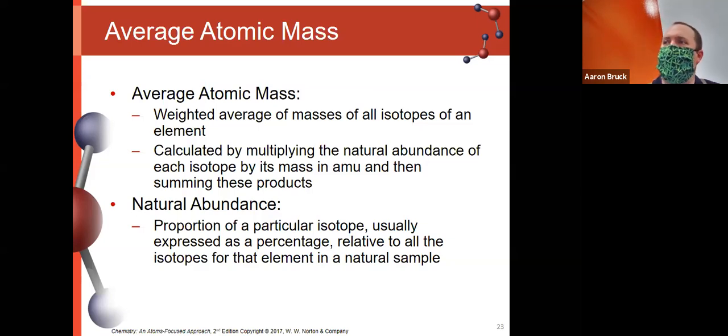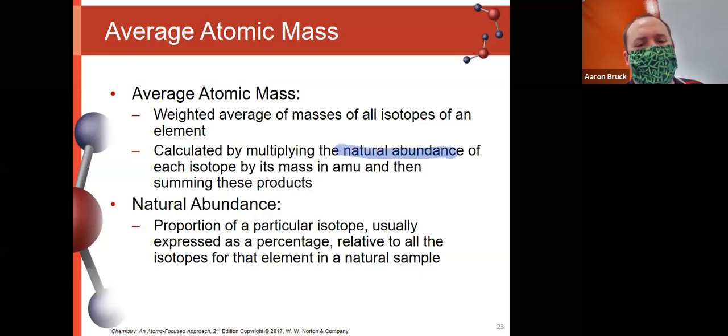Now, the numbers that are reported on the periodic table are average atomic masses. And how we calculate those average atomic masses is by using a weighted average. The weighted average takes into consideration two factors: the natural abundance of the isotope and its mass in AMUs.